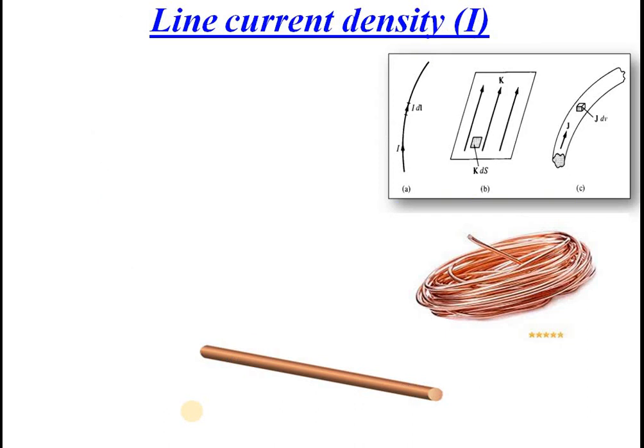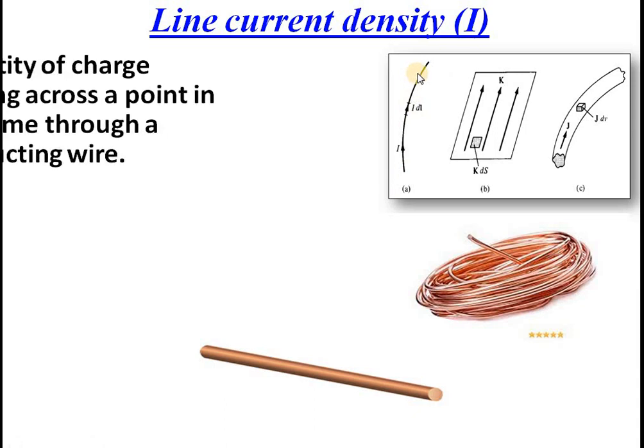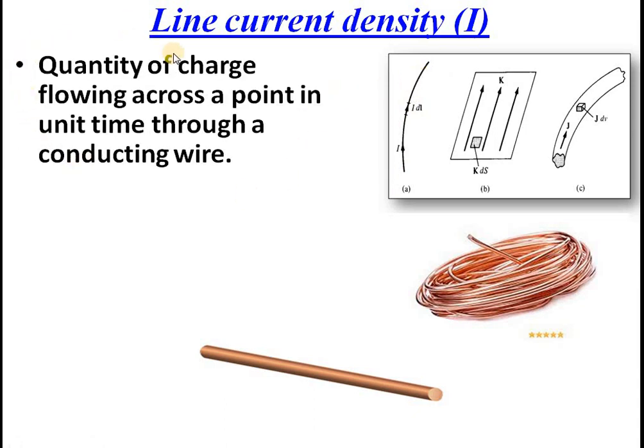First is line current. This arises, as I told you, when the conductor is a thin straight wire whose other dimensions are not important. That is, a thin wire whose length is only important. Then you define it as the quantity of current flowing across a point in unit time through a conducting wire. So here other dimensions are not involved.